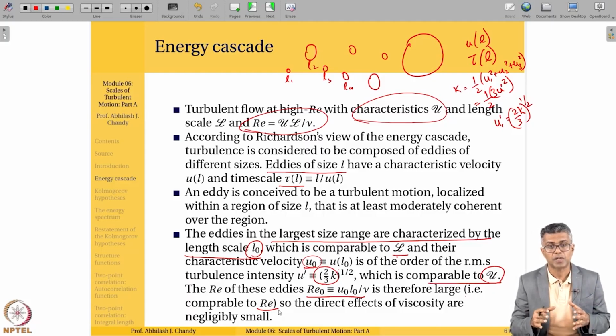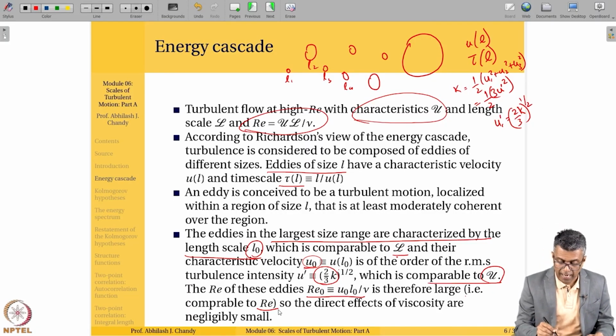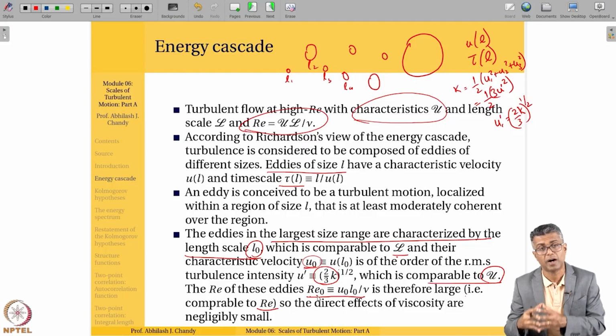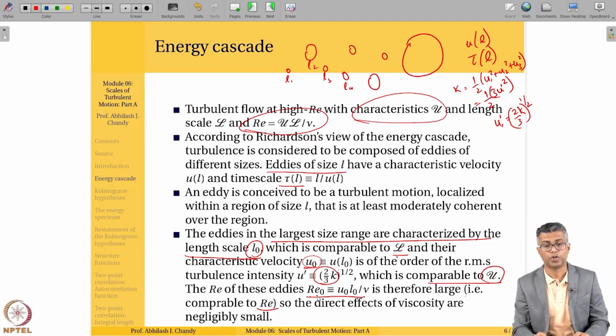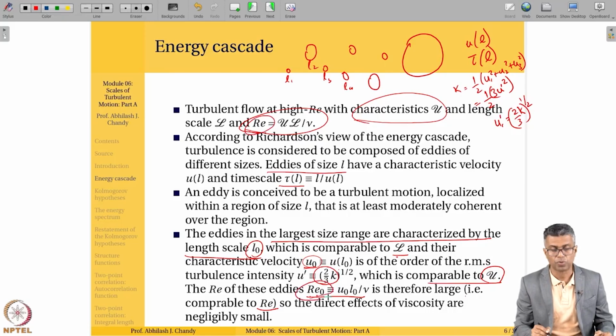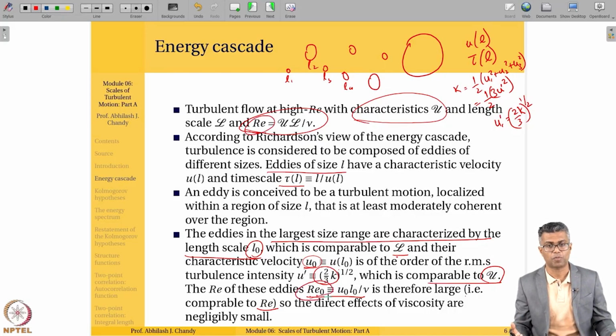So all of this means you can have a corresponding large scale Reynolds number. This is the local Reynolds number associated with the largest eddy. So Re0 is U0 L0 over nu. And this is obviously going to be a large value because we are talking about a turbulent flow. If this Re is large, this Re0 is also large because they are of the same order of magnitude, which means the effects of viscosity are negligible at this length scale.